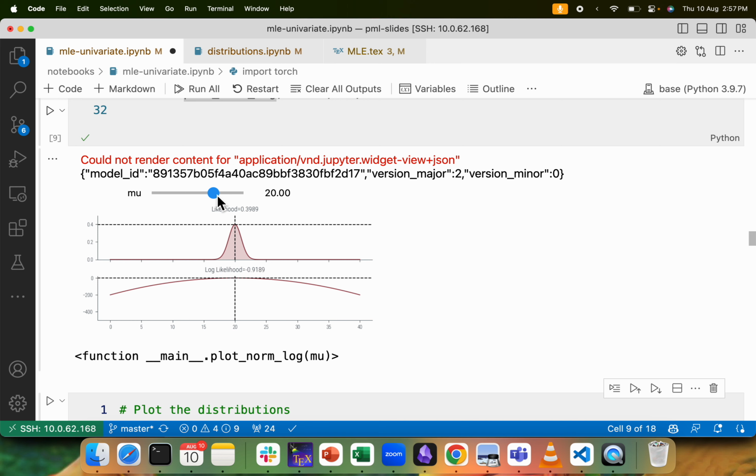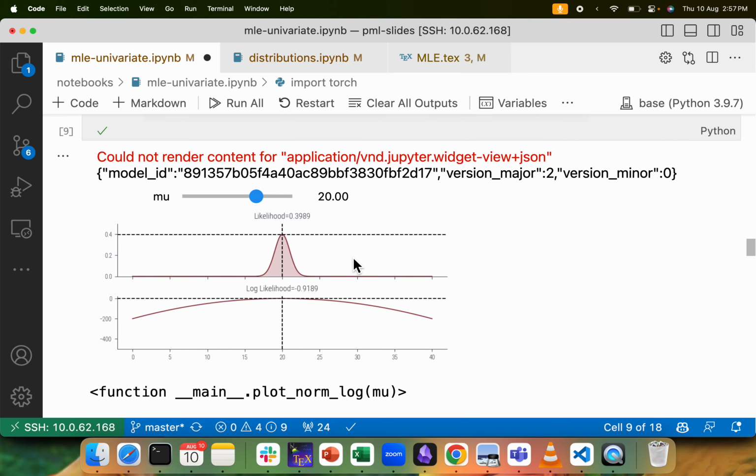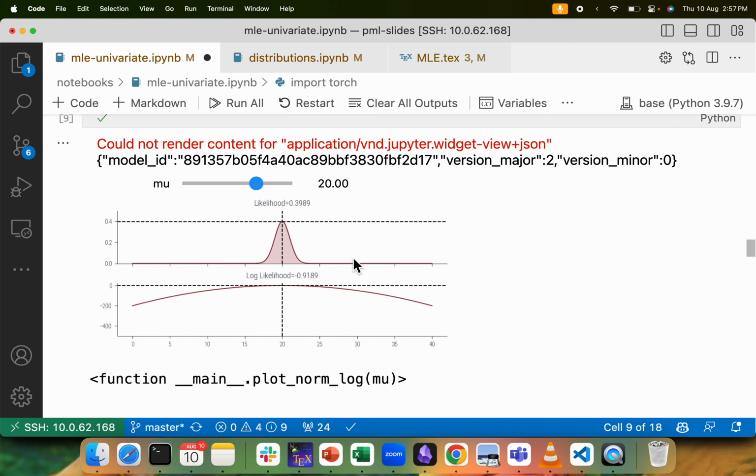Okay. So, based on these two plots, the above and the below one, can you actually confirm the fact that the log transform is a monotonically consistent transform? Values which are higher here will be higher on the bottom plot also. If I move from high to low, in this direction, I will also move downwards in the log likelihood plot.